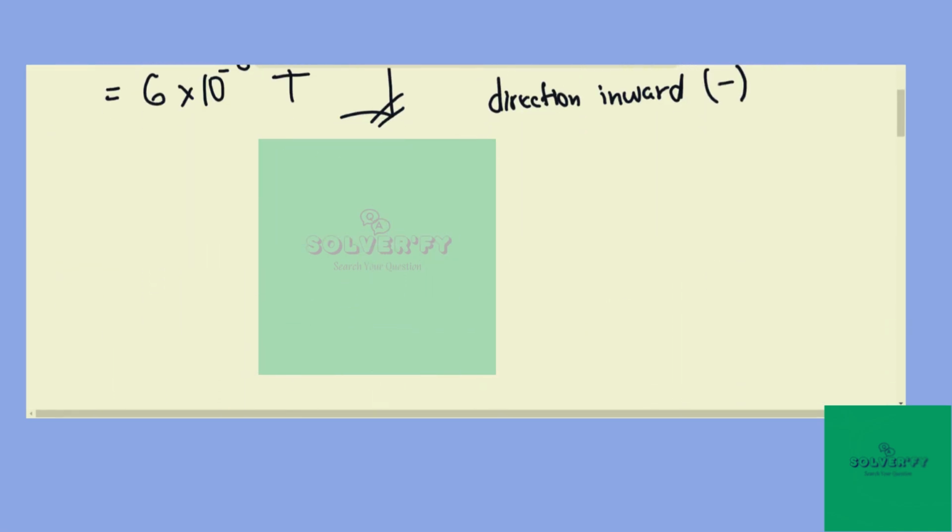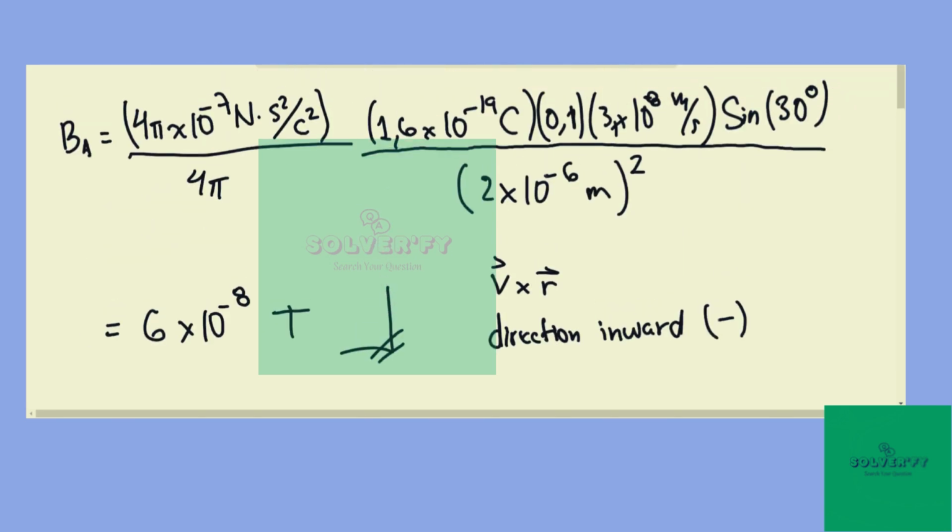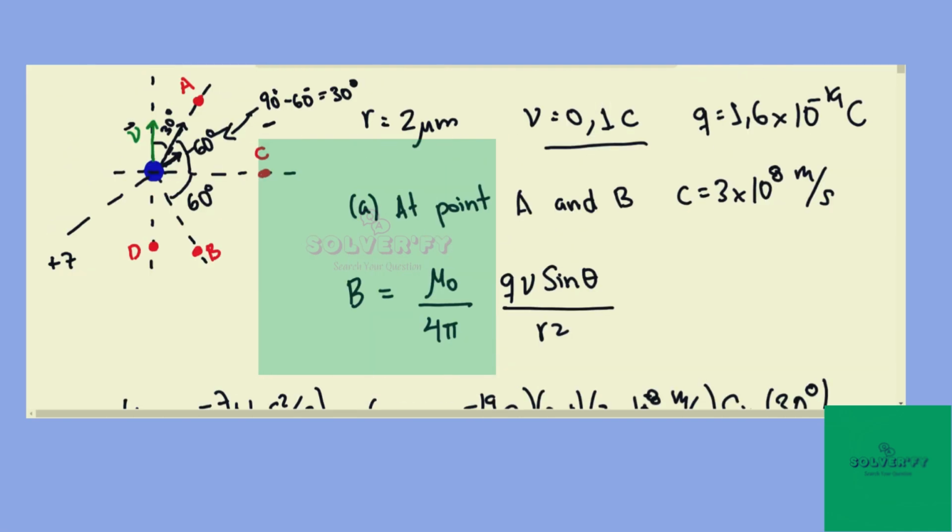Now for the same part, but to obtain the magnitude of the magnetic field for the point B, we will have that the angle between the velocity vector and the position vector of the point B, we need to sum all of this.